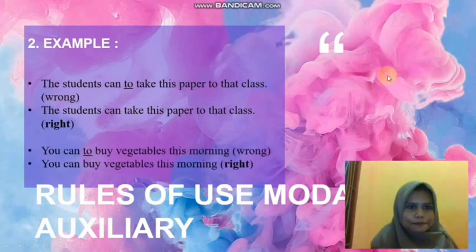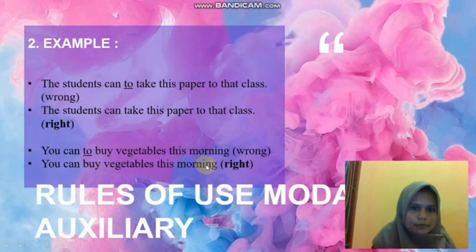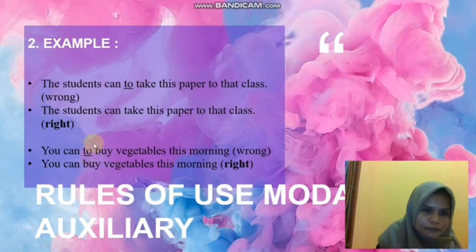Okay, next. As well as the example before, you can see the example is "You can to buy vegetables this morning" and "You can buy vegetables this morning." The first is the wrong example because there is a connector, it is to, between the modal can and the verb buy.